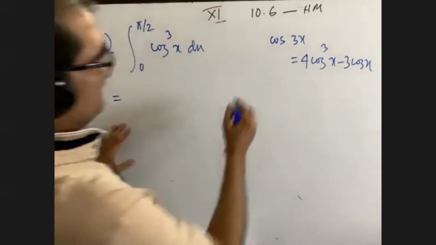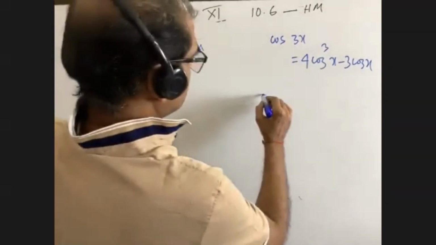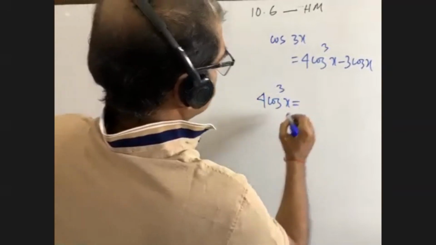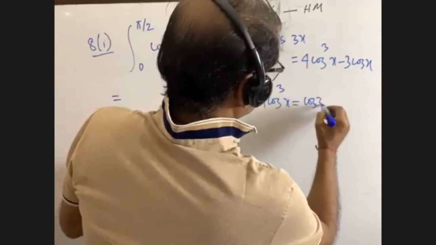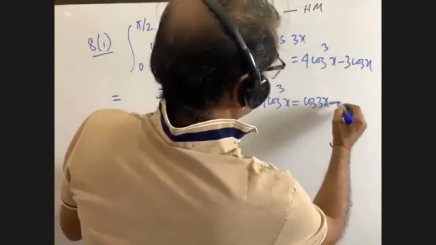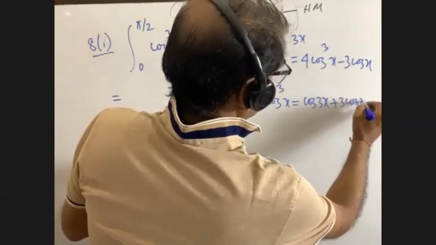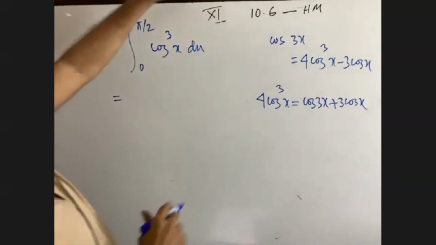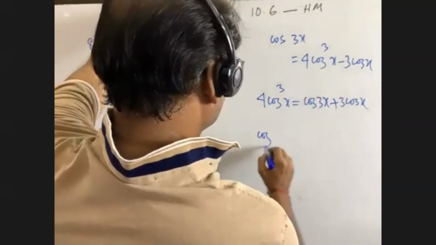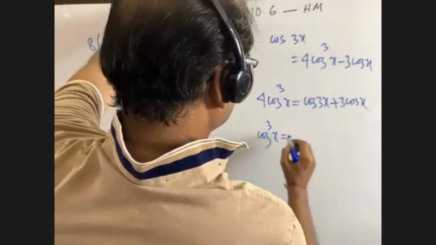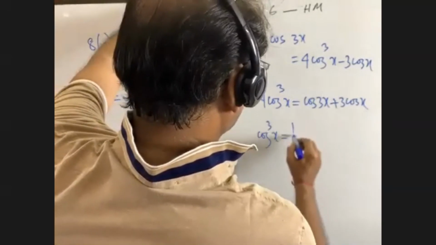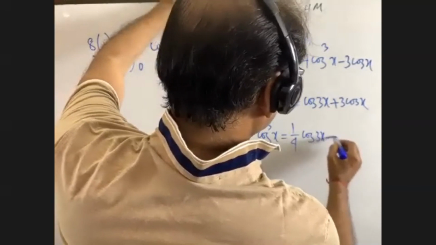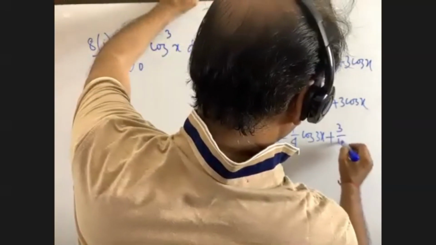So from here we can find that 4 cos cube x can be written as cos 3x plus 3 cos x. That means cosine cube x is equal to 1 by 4 cosine 3x plus 3 by 4 cosine x.